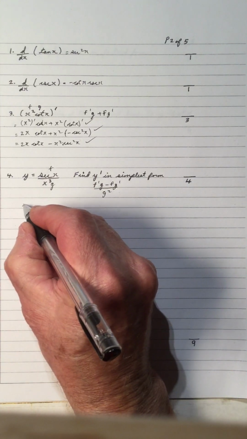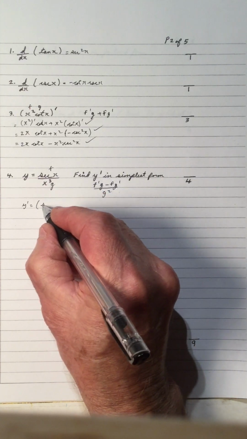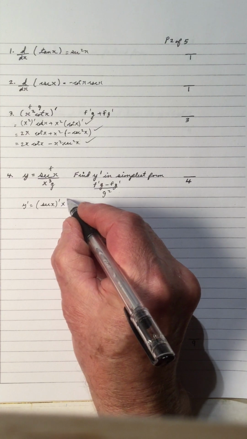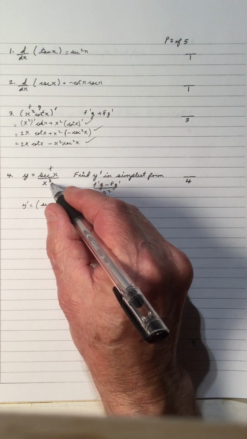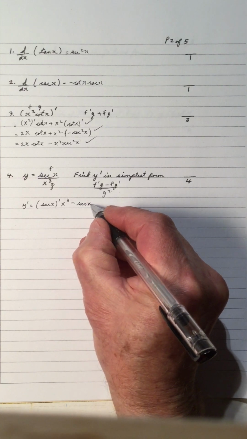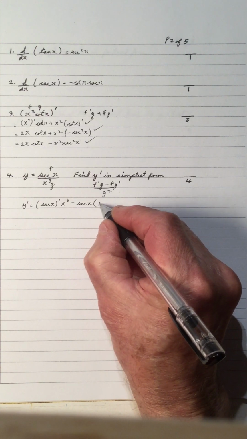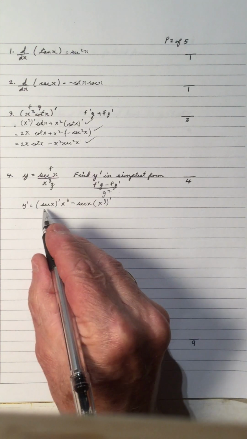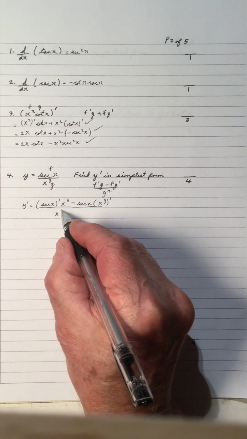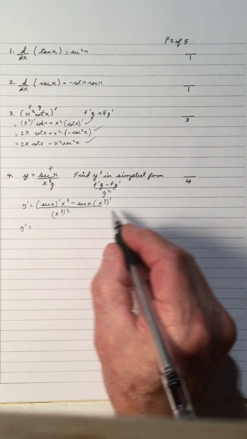So y prime is the derivative of secant x times g, which is x cubed, minus secant x, which is f, times the derivative of x cubed, all over g squared, so x cubed squared.